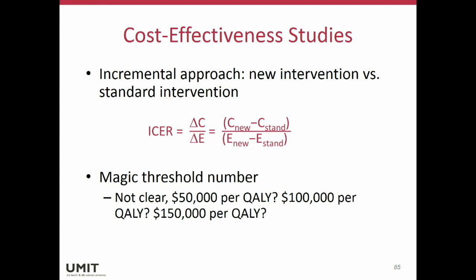And in the end, this number tells you the amount you have to pay for an additional quality-adjusted life year, or for an additional life year, depending on how you measure your effect. But what do you do with this number in the end? How do you know whether now to implement, to reimburse, what to do with it?